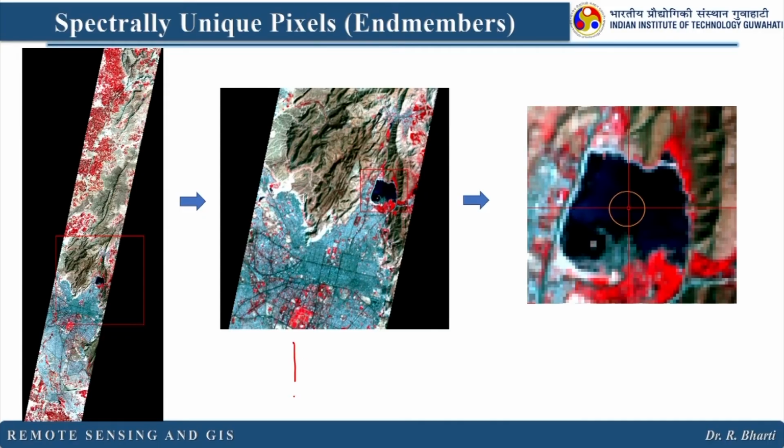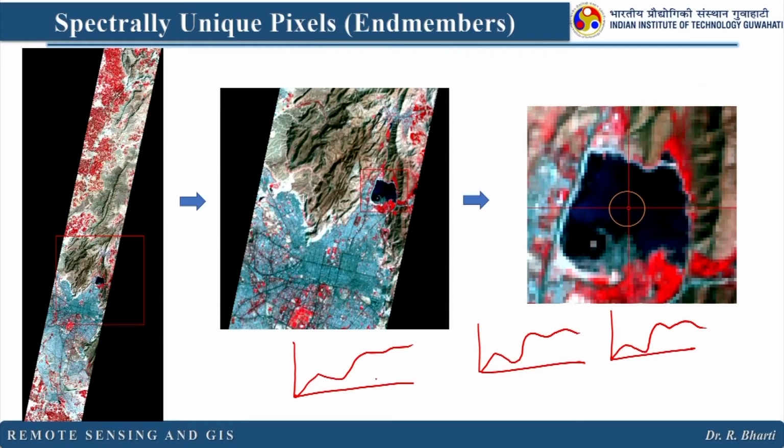So this is the spectra of vegetation from field and this is the spectra of vegetation from lab, right? So you see there may be slight difference between these.